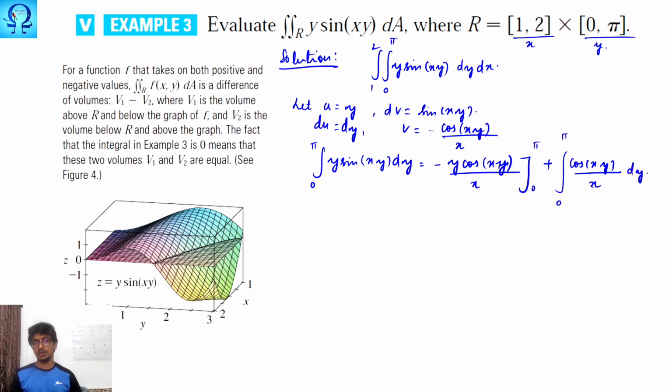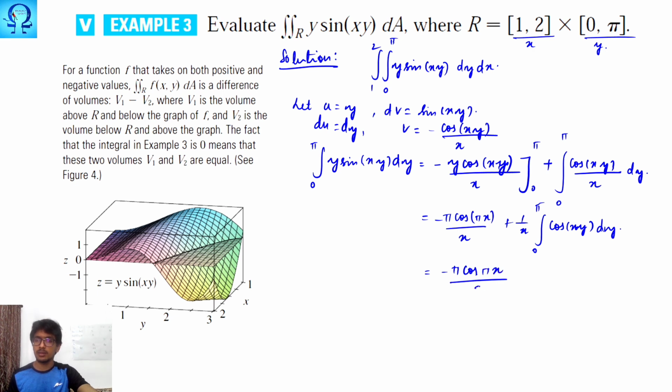Here x is to be treated as a constant, so we take it outside. When we give the limits for y, it is minus cos pi x upon x, and when you give 0, 0 multiplied with some value is 0. So plus 1 upon x integral 0 to pi of cos xy dy, and when you integrate cos you get sine.